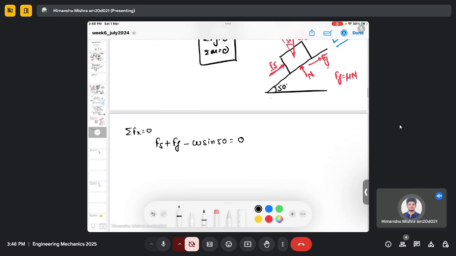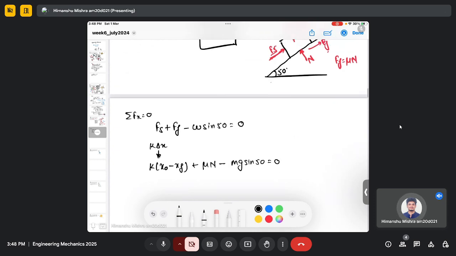So my Fs is k delta s, which can be written as k times the original length of the spring, x naught, minus the final length, which we need to find, plus the friction force, which is mu N, minus mg sine 50 equals 0.